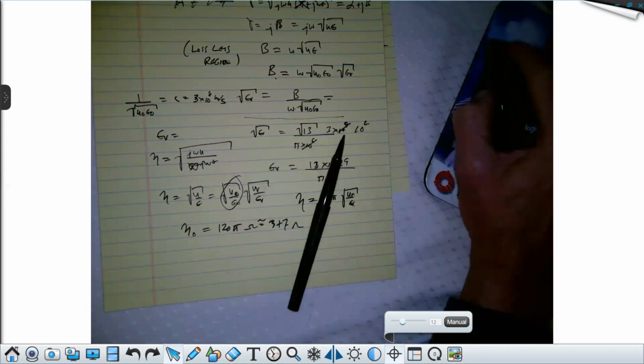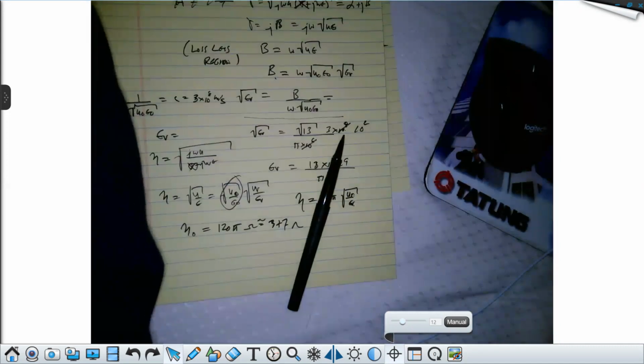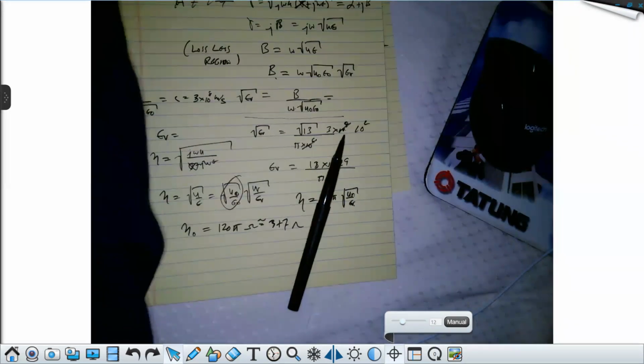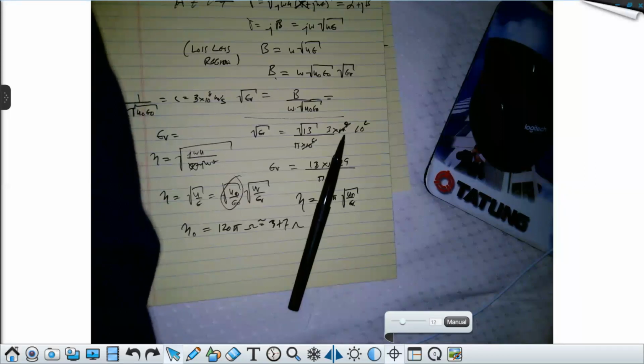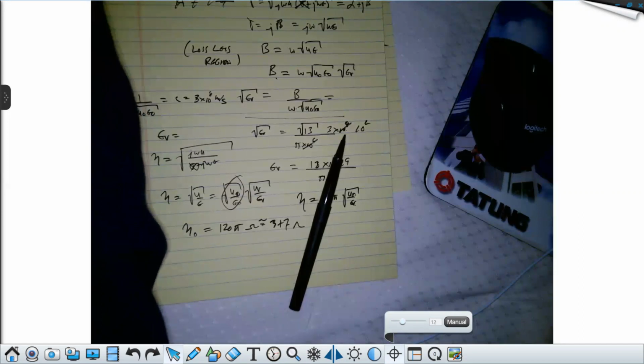For this one right here, you find that eta itself, you can't see this and I'll show you in a second, is equal to 120 pi divided by the square root of epsilon relative.